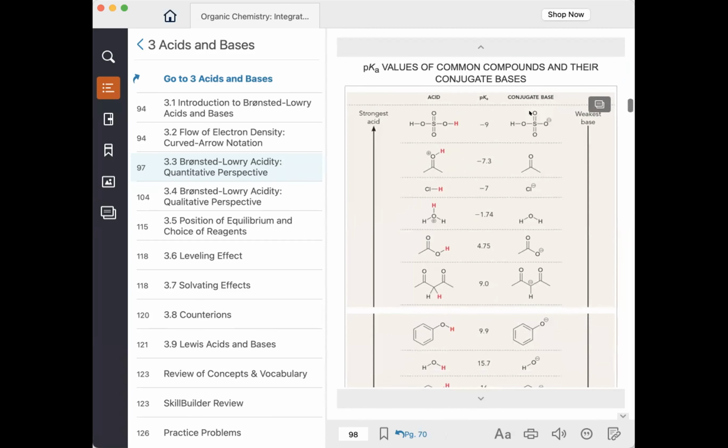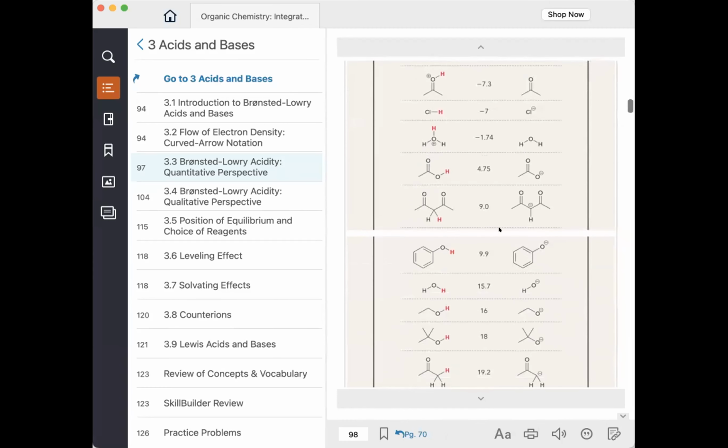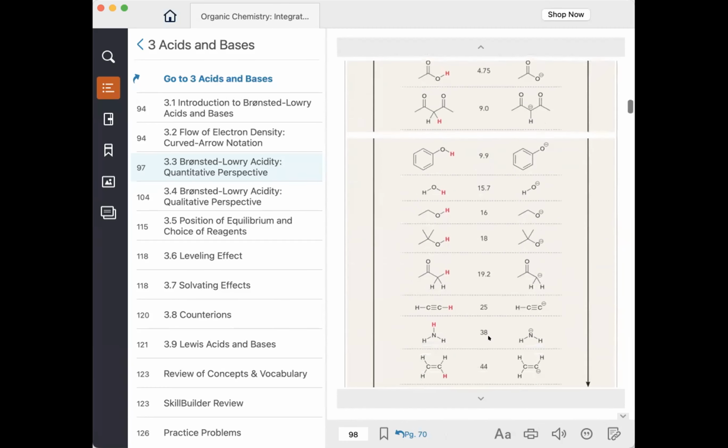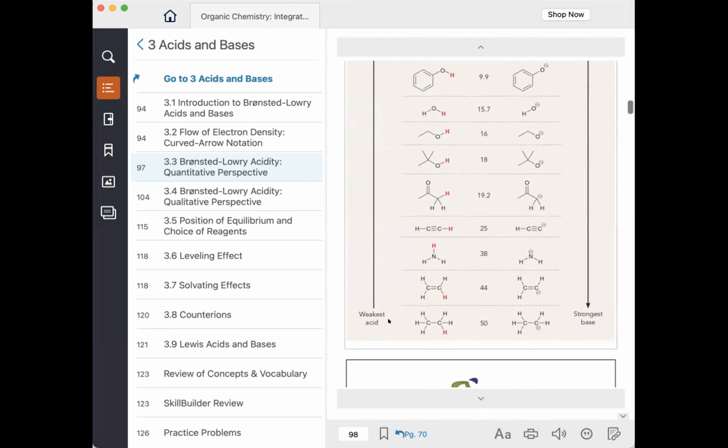So this means the lower number, the most negative pKa, indicates the strongest acid and the weakest base. Whereas as you go higher in number, such as with just a regular CH, CH is a very weak acid, but whenever you have the conjugate base of this very weak acid, the negatively charged carbon here is the strongest base in the table.